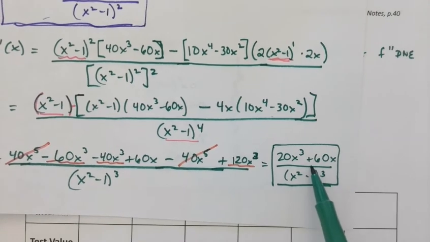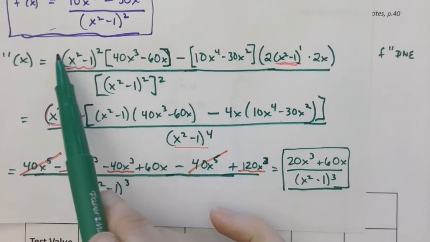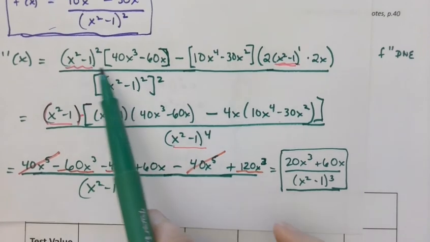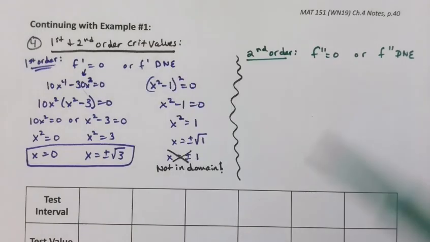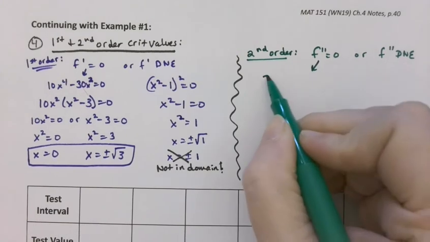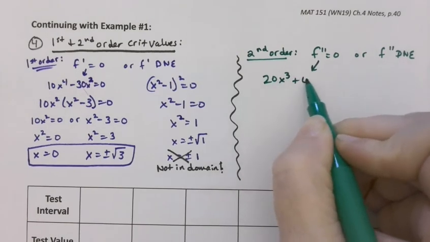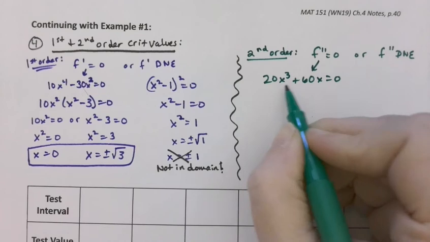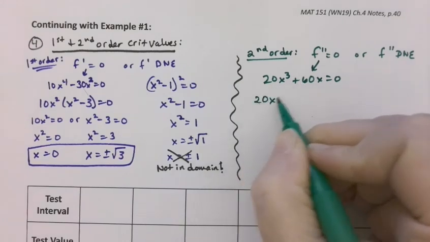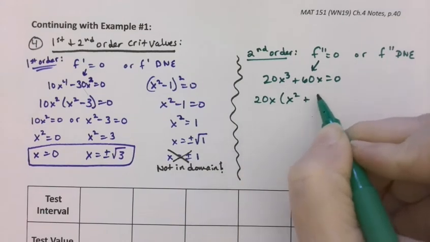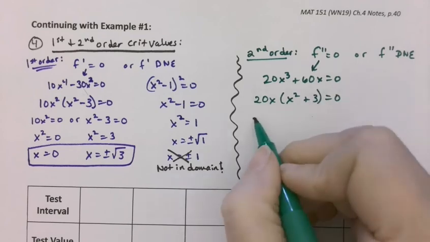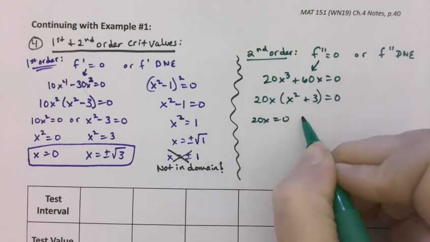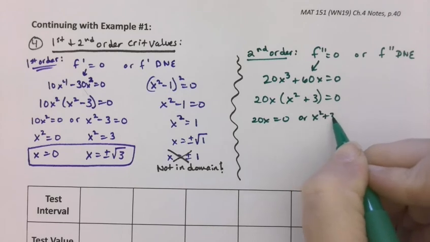By the way, if you didn't simplify it then, you'd have to do it now because you would want to set that entire numerator equal to 0 to solve. So that would be 20x cubed plus 60x equals 0. These are both factorable, so I'll take 20x out, leaves me x squared plus 3 equals 0. That means either 20x is 0 or x squared plus 3 is equal to 0.